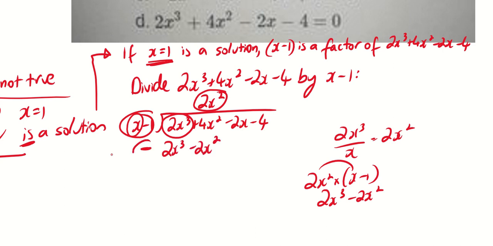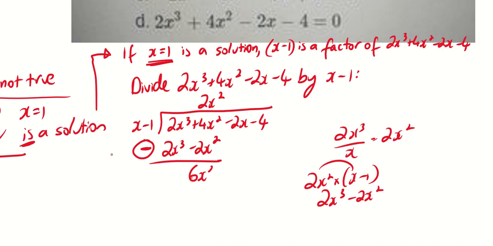Okay, so I'm subtracting these two. Just like normal long division, subtract the bottom from the top. 2x cubed minus 2x cubed is nothing, so I don't write anything here. 4x squared minus 2x squared will give me 6x squared, and then carry the next item down and complete that same process.